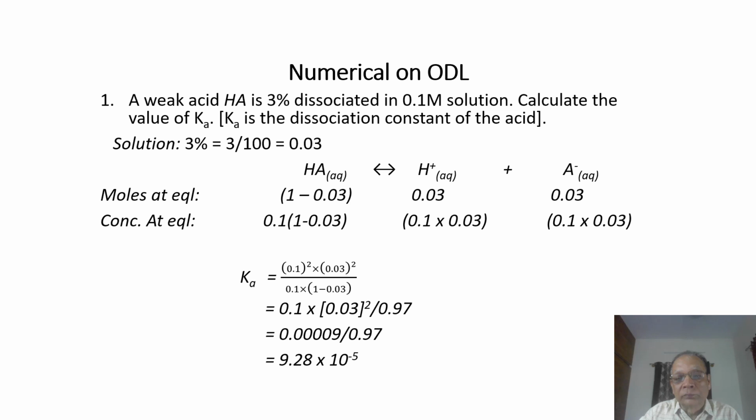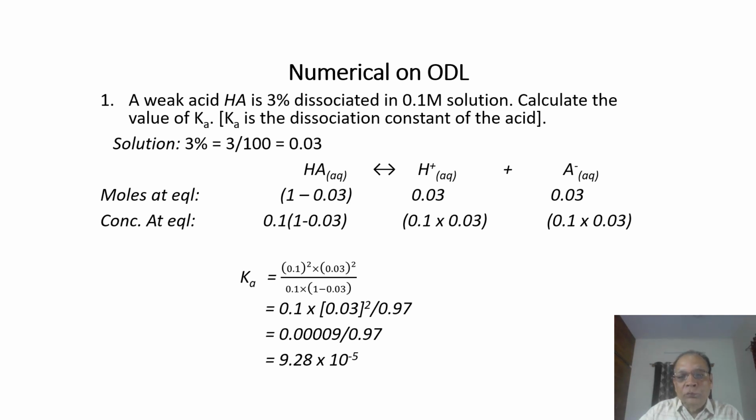Concentration at equilibrium: the concentration is 0.1 M into 1 minus 0.03, this is 0.1 into 0.03 for H plus, and similarly 0.1 into 0.03 for A minus.